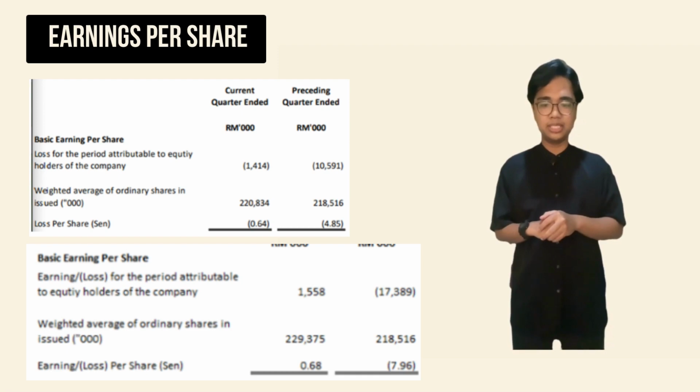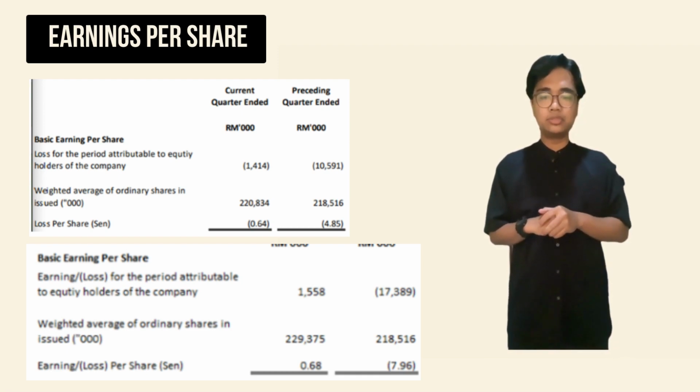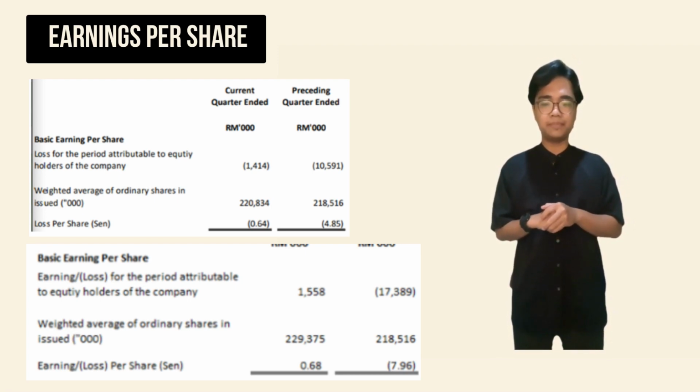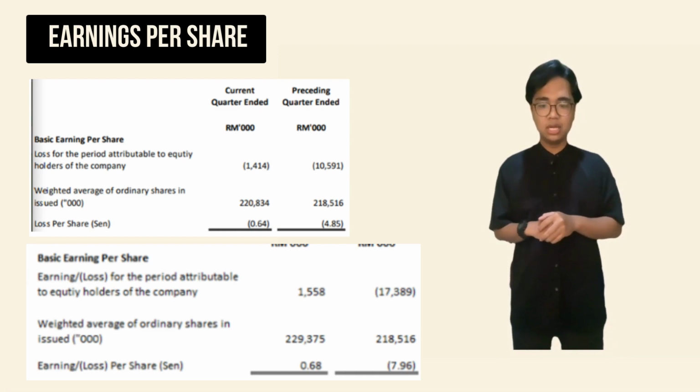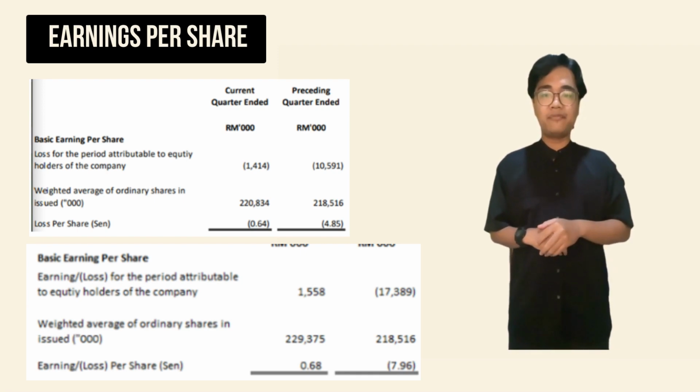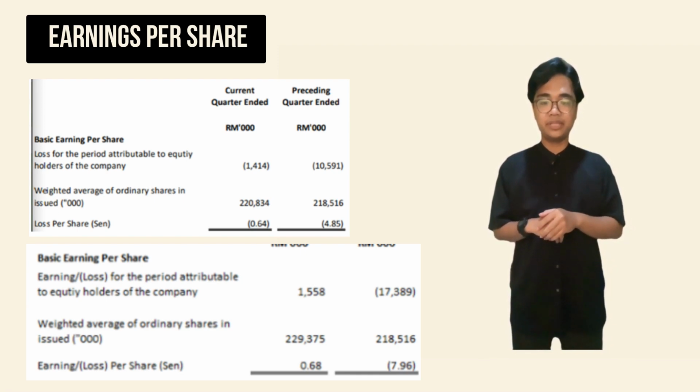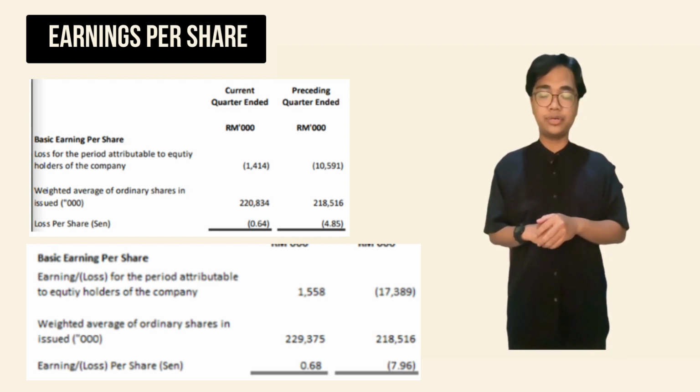This adjustment is due to the increase of earnings for the period attributable to equity holders of the company from taking a loss of 1,414,000 to gaining earnings of 1,558,000. There was also an increase in weighted average of ordinary shares.